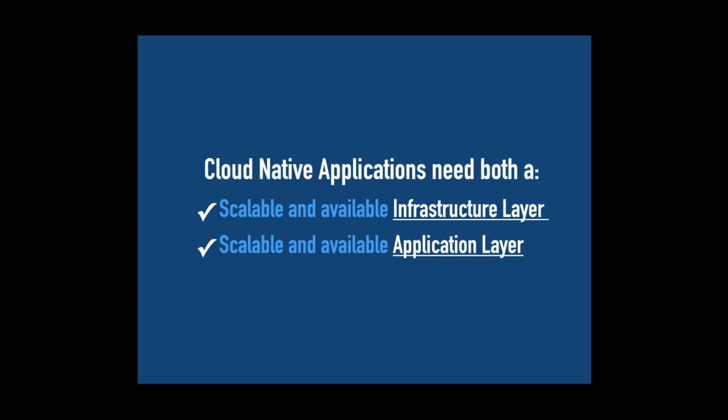So I think for cloud native applications, we really need both a scalable and available infrastructure layer, Kubernetes, cloud providers, and all of these things, as well as a scalable and available application layer. And these two need to work in concert in order to really be able to build a complete, cohesive, full end-to-end application.